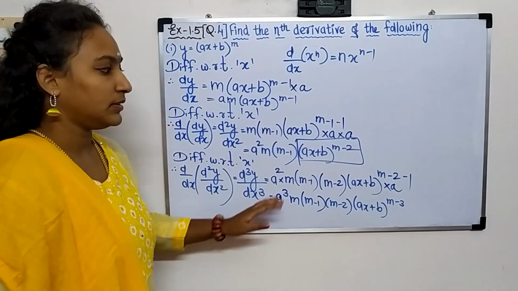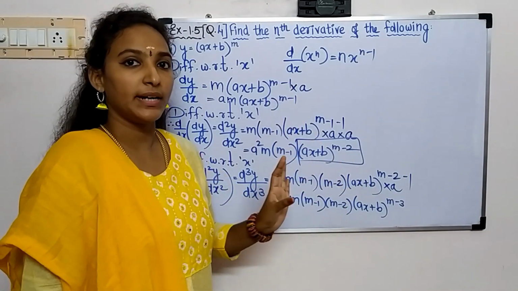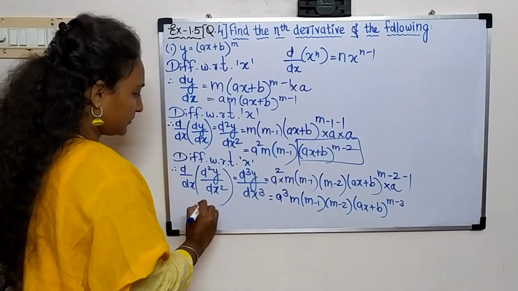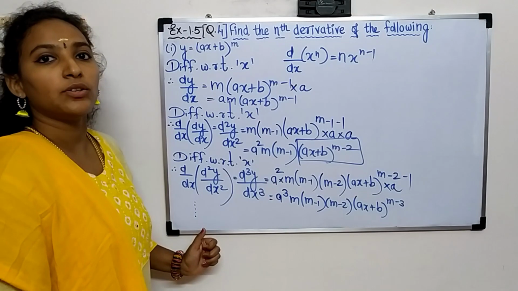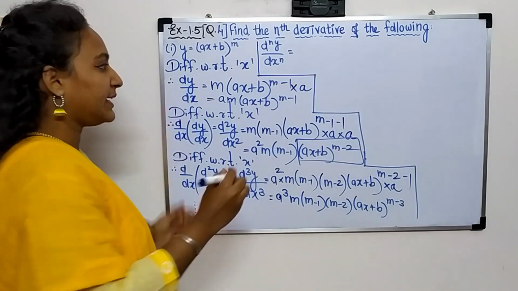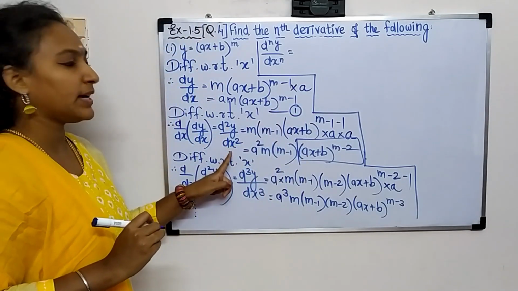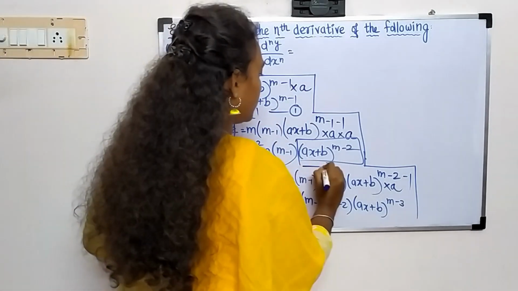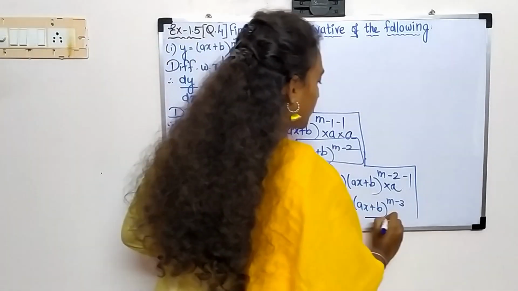Okay. This will go on up to d raised to n y upon dx raised to n. Now let us calculate d power n y upon dx raised to n. So let dy by dx be your equation number 1, d square y upon dx square your equation number 2, and d cube y upon dx cube your equation number 3.